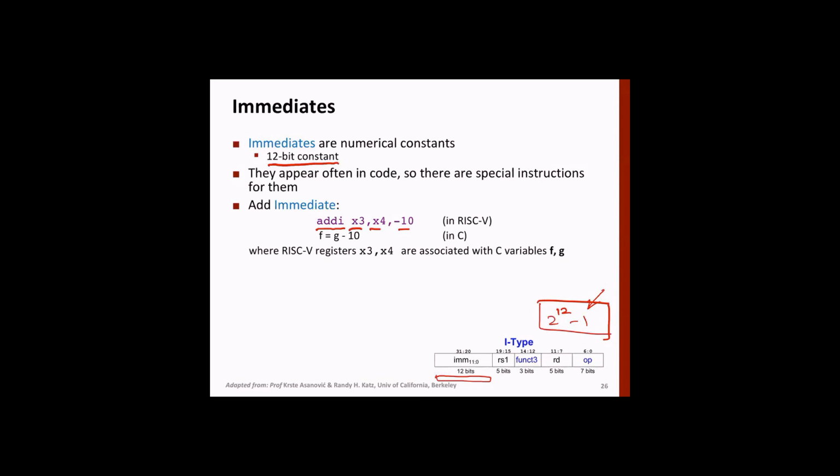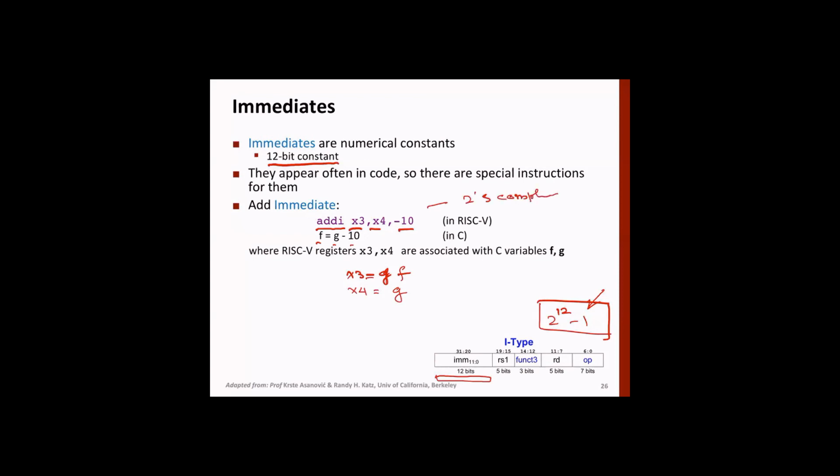So what are we showing here? We are using registers X3 and X4. X3 corresponds to F, and X4 corresponds to G. Now this minus 10 is represented in 2's complement.